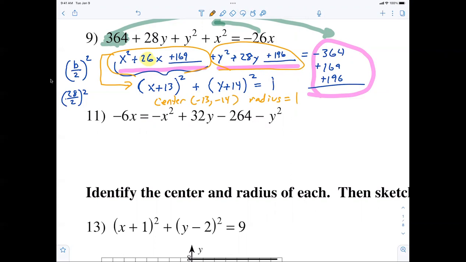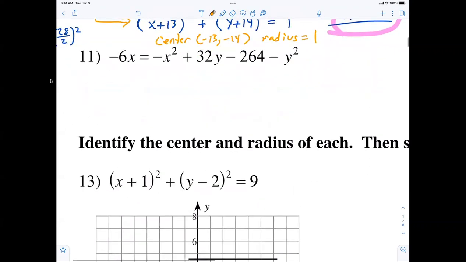Anybody have any issues with that? All right, so now we're going to do number 11 together. And once we do 11, I feel pretty good about you converting from general form to standard form. Standard form allows you to find the center and the radius.